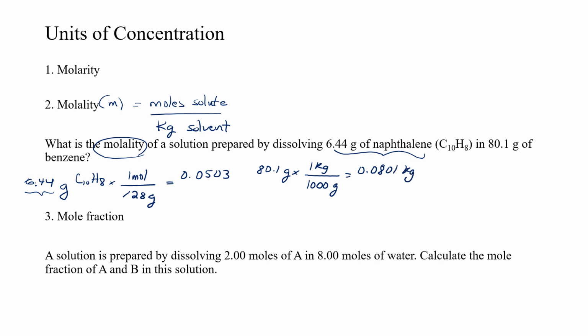Now I have the numerical values that I need to plug into my equation to calculate the molality. Okay? I have the moles of the solute, I have the kilograms of the solvent, so moles divided by kilograms is going to give you the final answer. So the molality is going to be 0.0503 mole over 0.0801 kilograms.